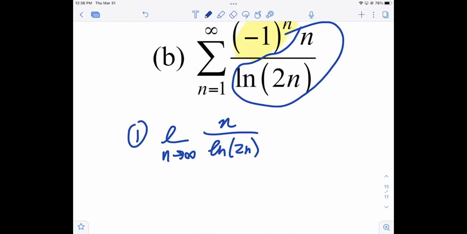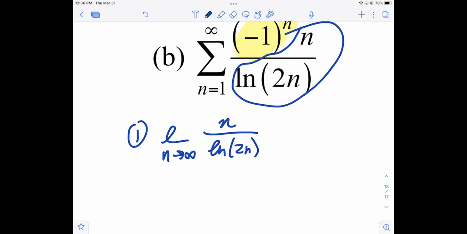Natural logs, remember, are the slowest growing functions that grow at all. So the top grows faster. So what is this going to be approaching? Infinity. Is infinity 0? No.